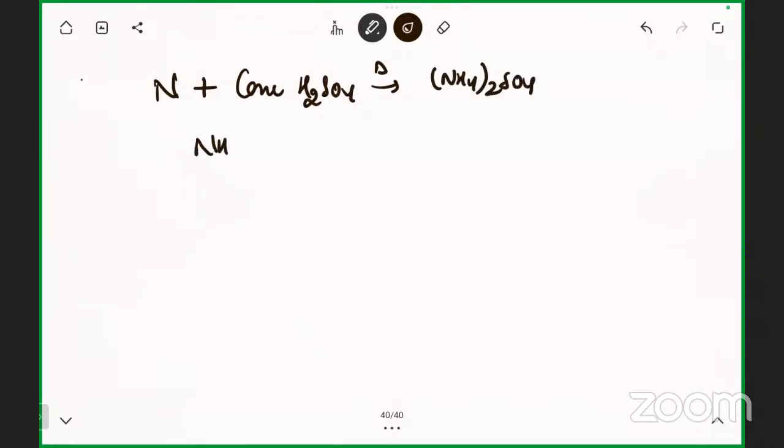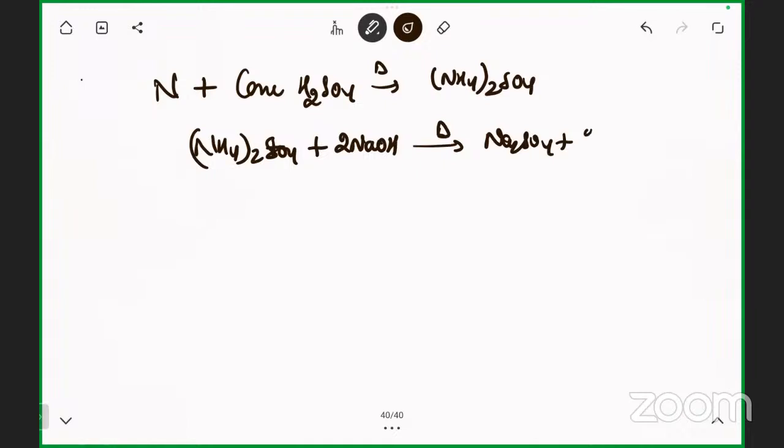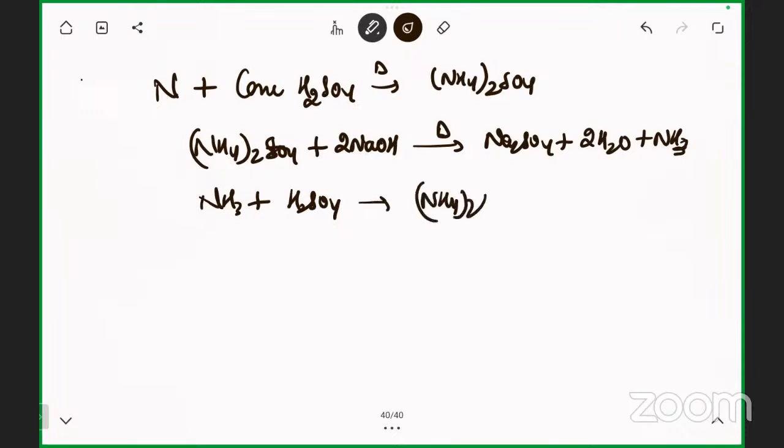This ammonium sulfate again reacts with two molecules of NaOH, and on heating it will form Na2SO4 plus 2H2O plus NH3. Now this NH3 will react with H2SO4 and will again form ammonium sulfate.